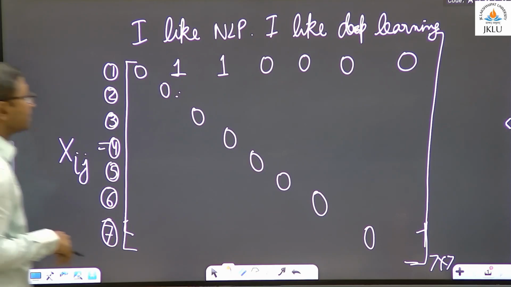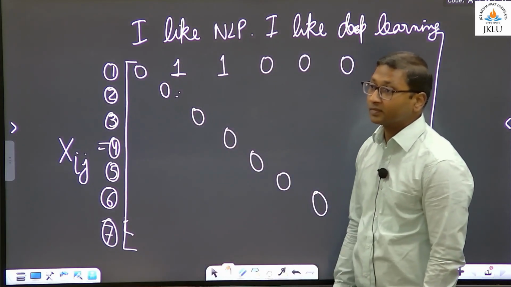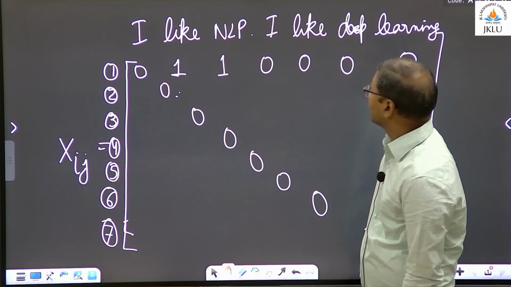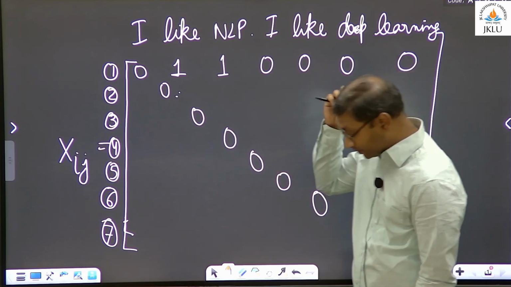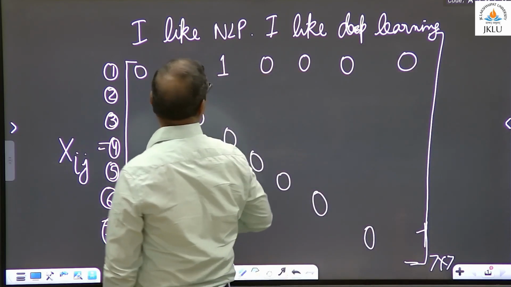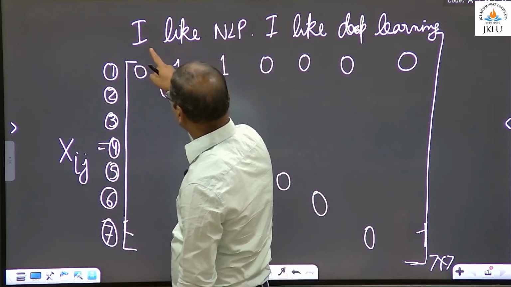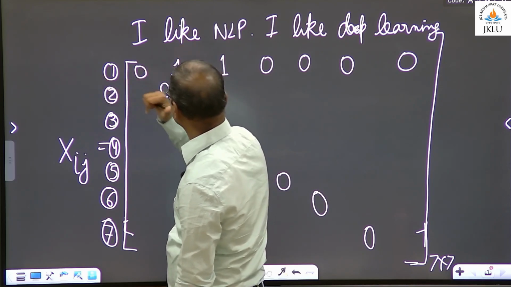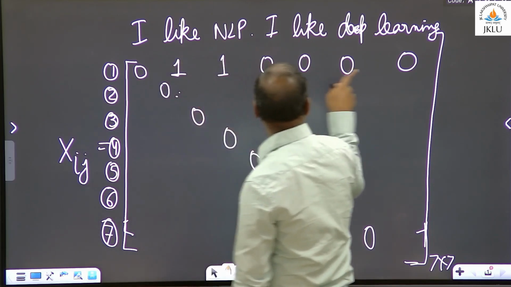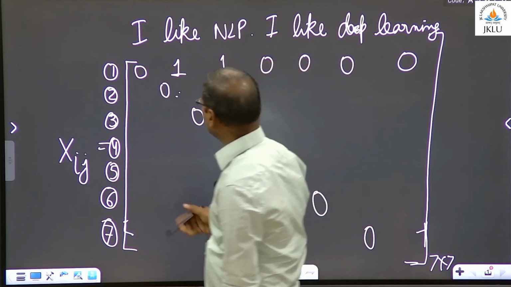I am making some mistake here, right? So hopefully I'll remember it before I finish. So what will happen again here? This is I. So will it be symmetric now? Yes. Will it be symmetric? Yes.